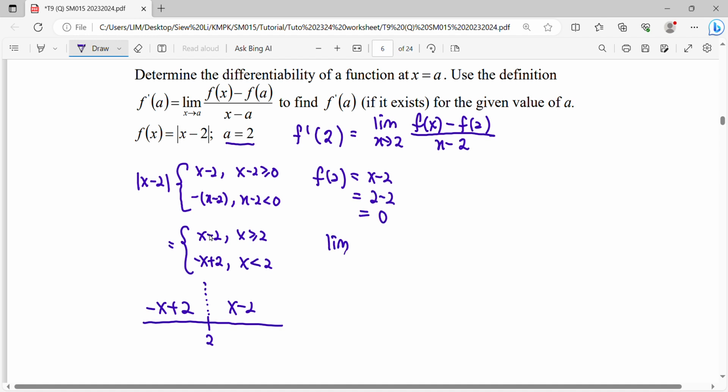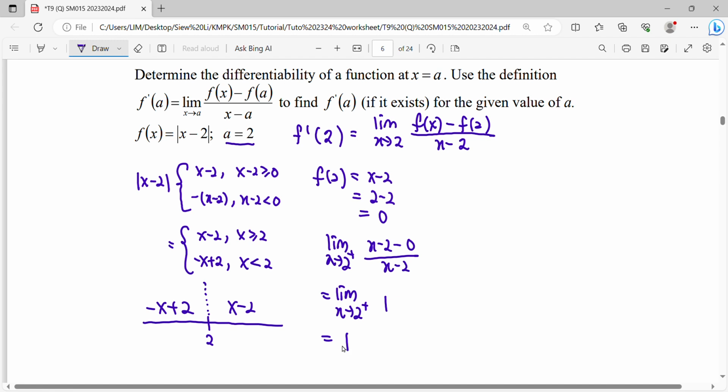So for the limit as x approaches 2 from the right-hand side, the function involved is x minus 2, and the coordinate is 0. So the right-hand side gives us 1.